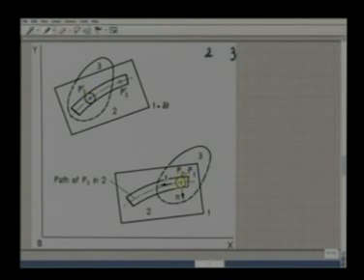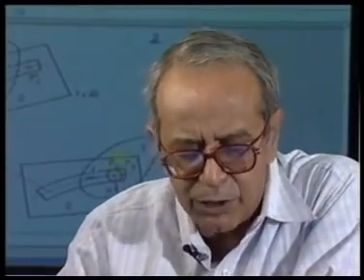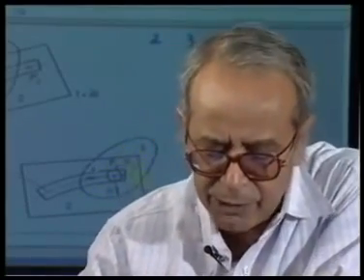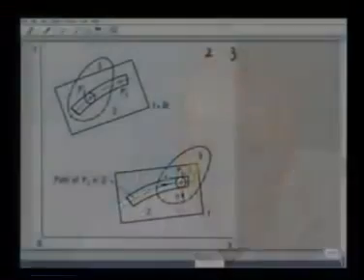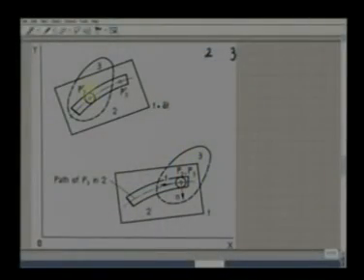And the point P2, which belongs to body 2, that is a point on this center line of the slot, has come here, which I call P2 prime. So P2 and P3 are the two instantaneously coincident points, P2 belonging to body 2, P3 belonging to body 3. During time delta t, P2 has moved to P2 prime and P3 has moved to P3 prime.